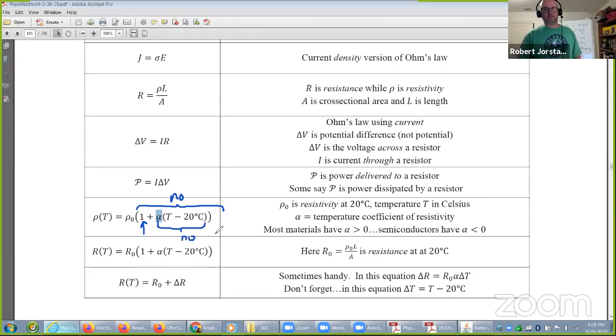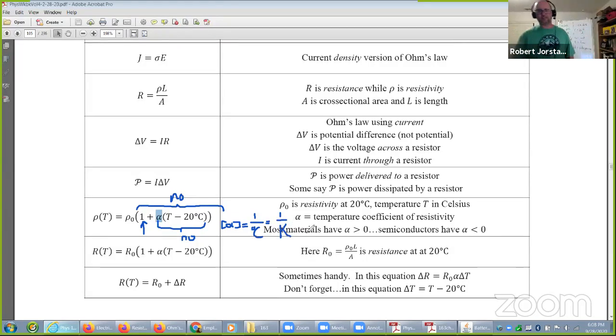All right. And so notice that the units of alpha are going to be 1 over degrees Celsius. And you could be one of those people like, shouldn't it be Celsius degree? I don't care. Notice that's the same thing as 1 per Kelvin. And if you don't know what a Kelvin is, that's okay. We're not going to use that.